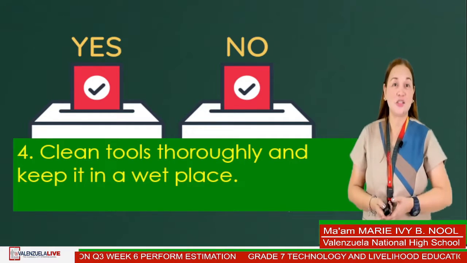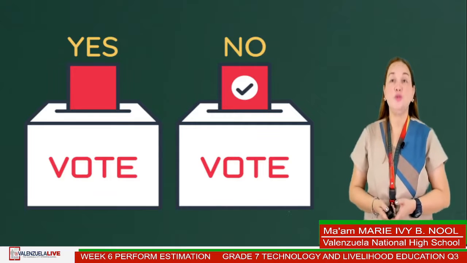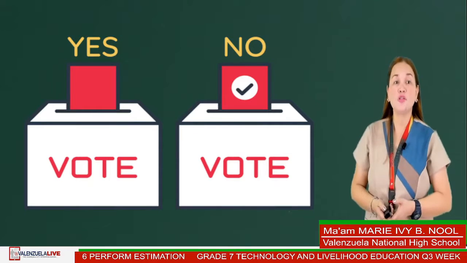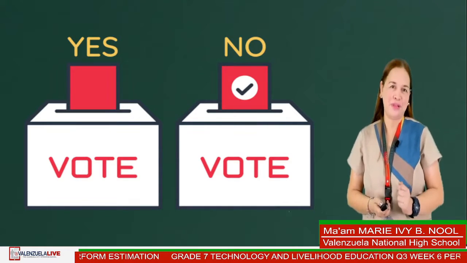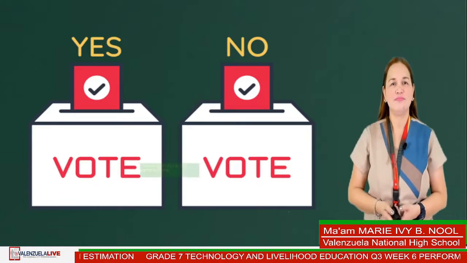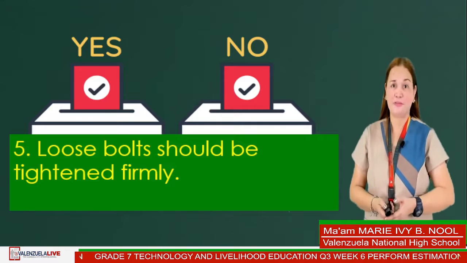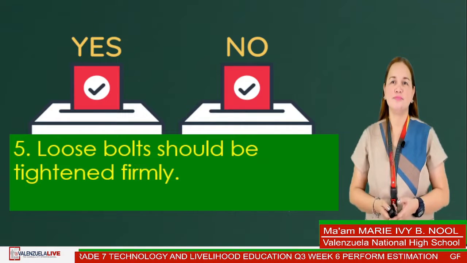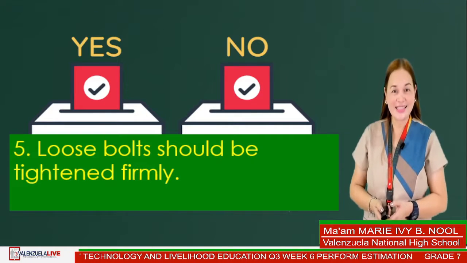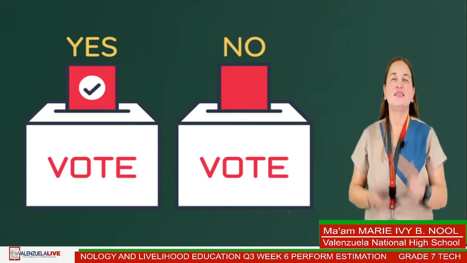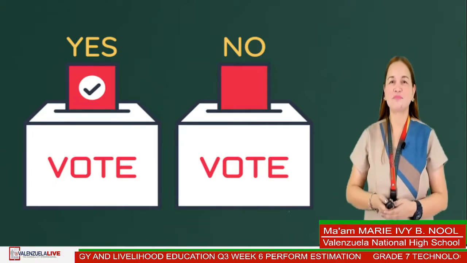The correct answer is no. Clean the tools thoroughly and keep it in a dry place. Number 5. Loose bolts should be tightened firmly. The answer is yes. Thumbs up for you.